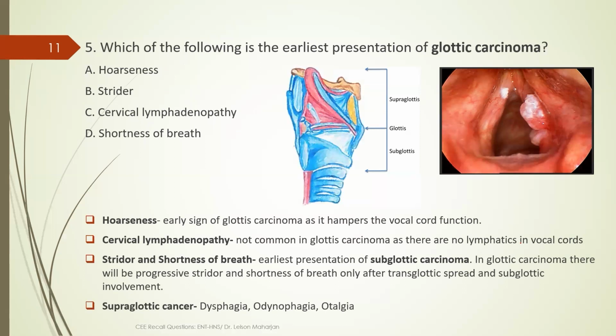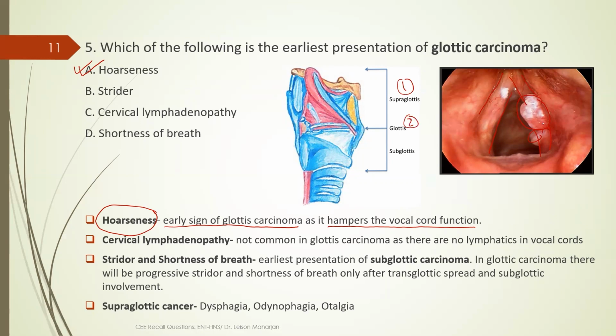As we can see in the picture here, this is a true vocal cord, and there is a mass. Even this small mass can hamper the vocal cord function, so that can cause hoarseness, and it is the early sign of glottic carcinoma. So the answer is A.